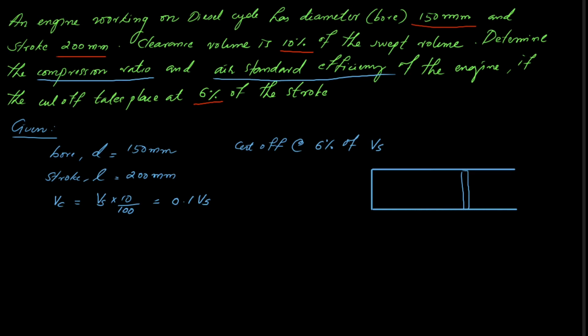We know that the cylinder bore diameter is 150 mm, and the cylinder has a stroke length of 200 mm. That means this piston is in the BDC now. When it reaches TDC, that TDC position I represent here.